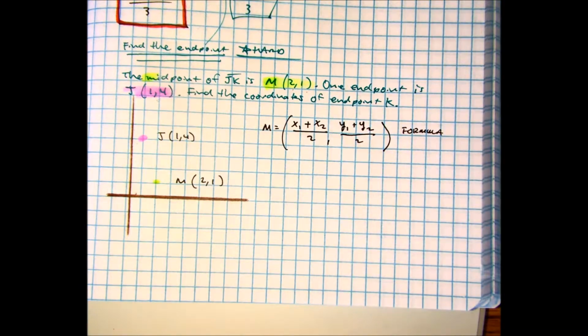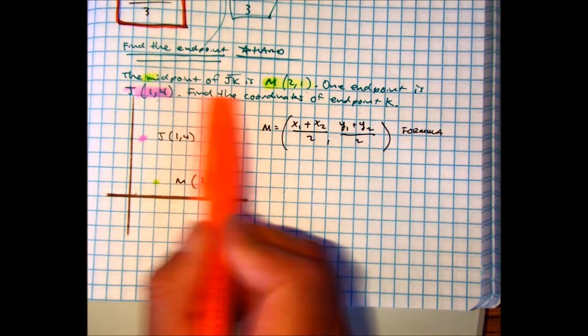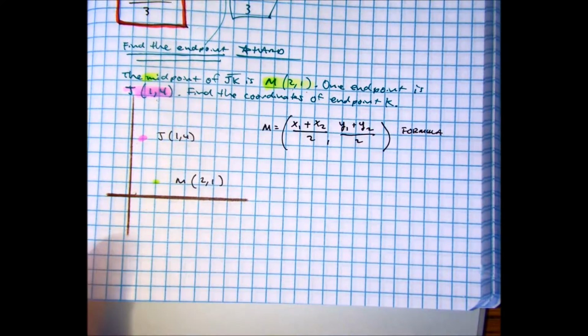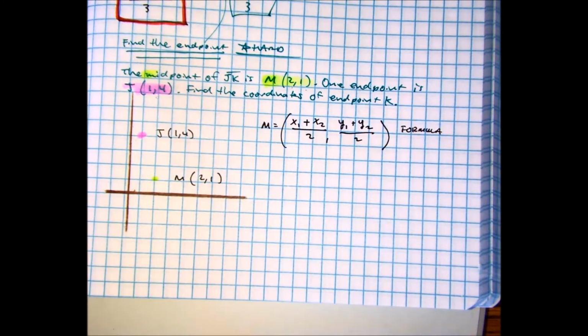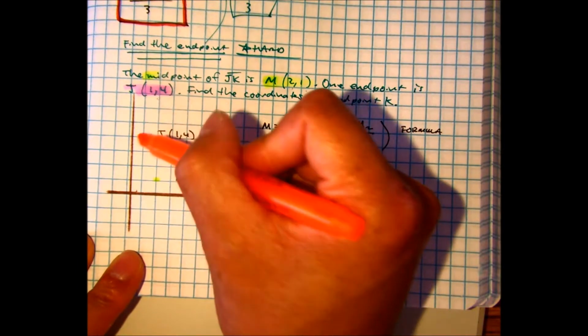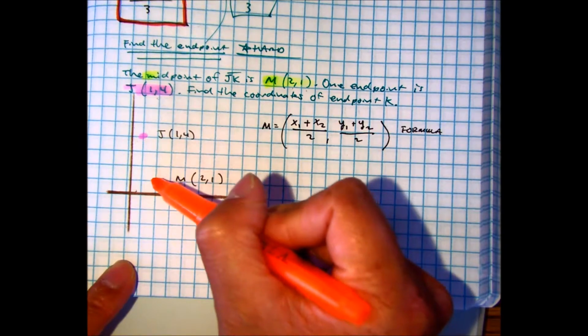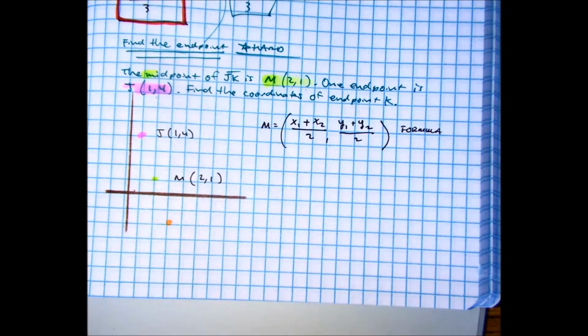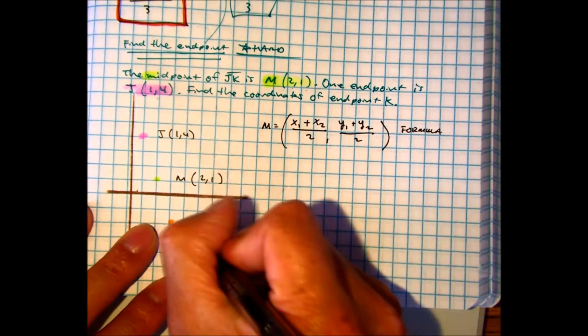Alright, the first thing I'm going to do is write down the formula. Now in this problem it says find the coordinates of the endpoint K. This is in the middle. If you use slope, down 3, right 1, you can already see the answer. Down 3, right 1. I already know my answer is right here. This is what K is.